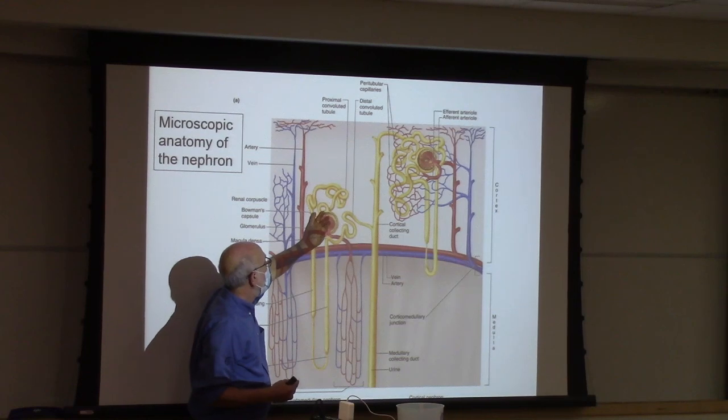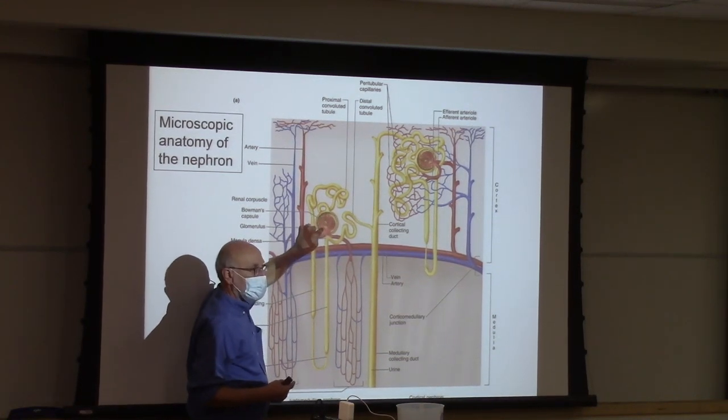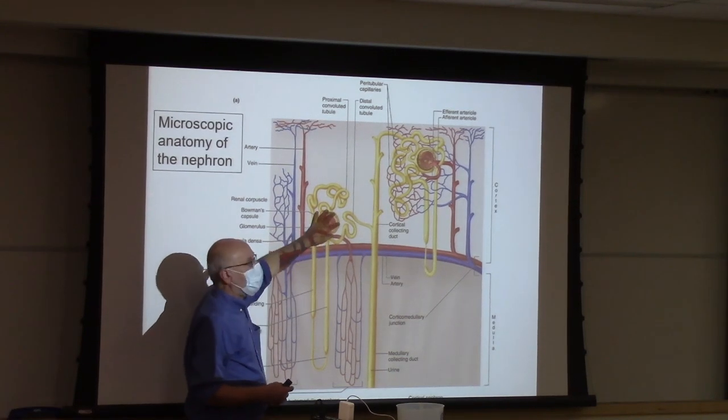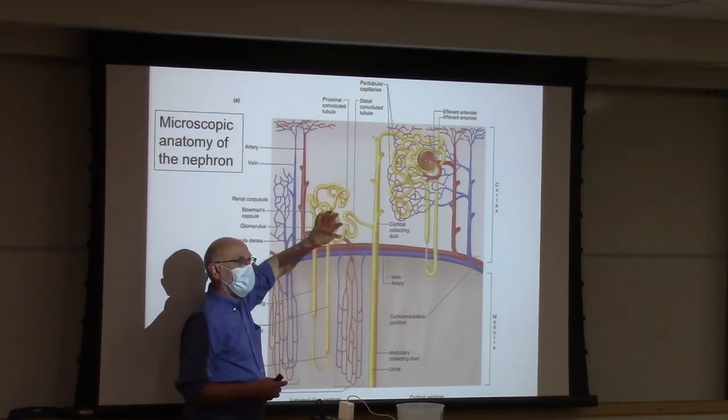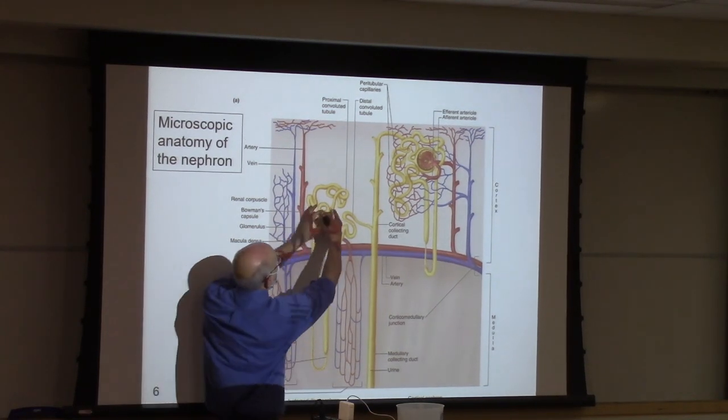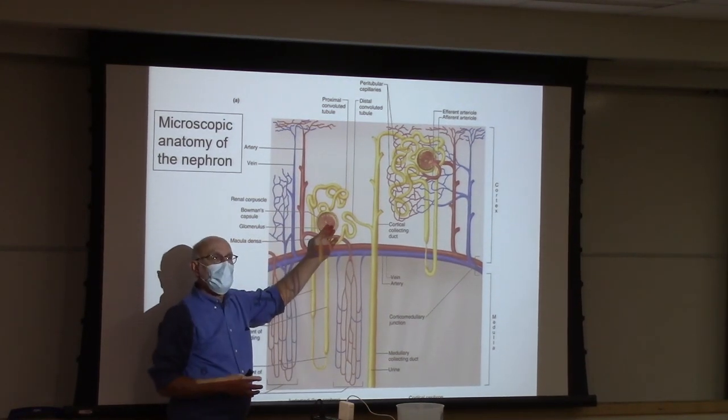So glomerular capillaries, Bowman's space, Bowman's capsule. This all forms the renal corpuscle. I don't think that name is on here, but this structure together is called a corpuscle.